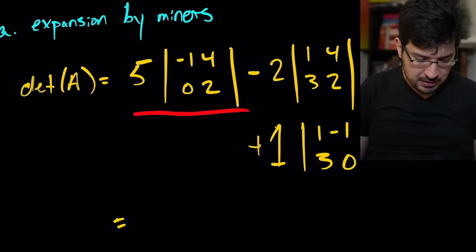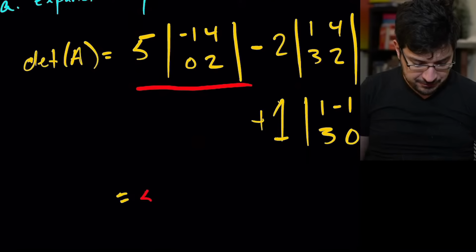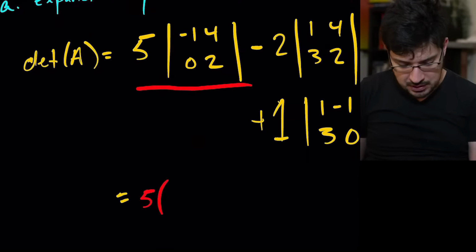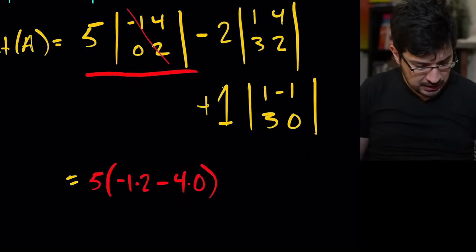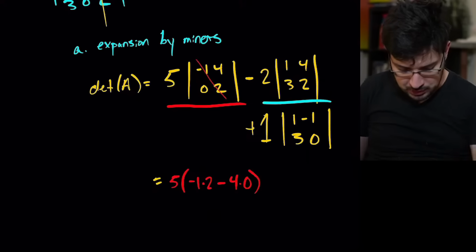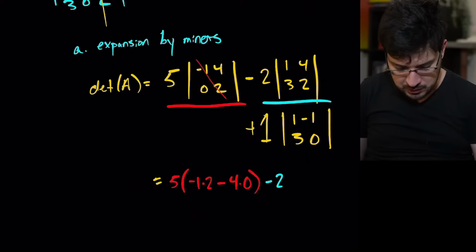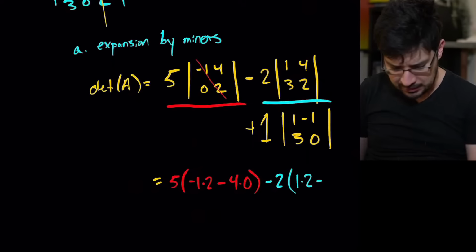Okay, so now, here, why don't we do this? In red, we've got 5 times this diagonal, negative 1 times 2 minus 4 times 0. Okay? In blue, we have negative 2 times 1 times 2 minus 4 times 3.